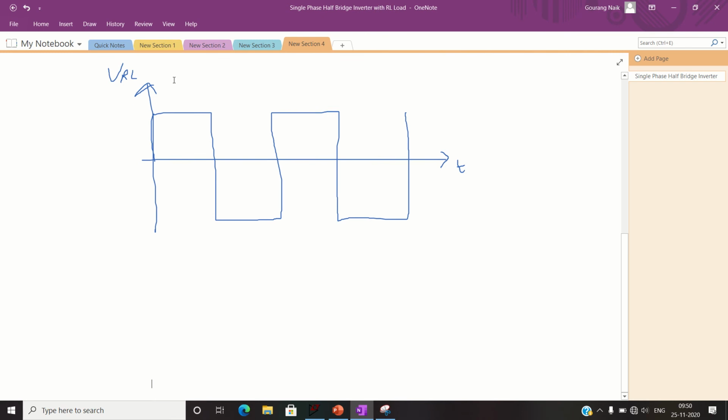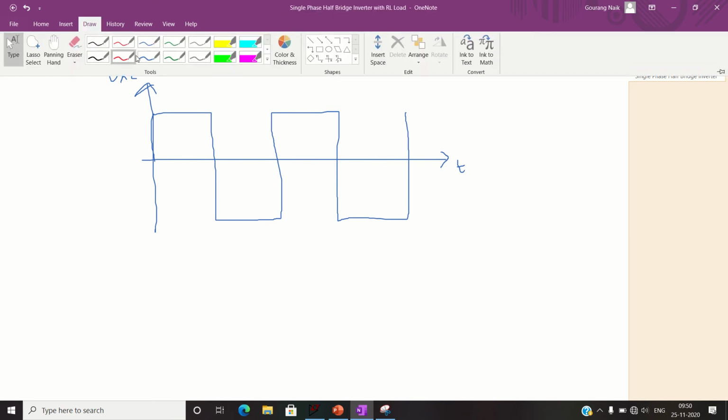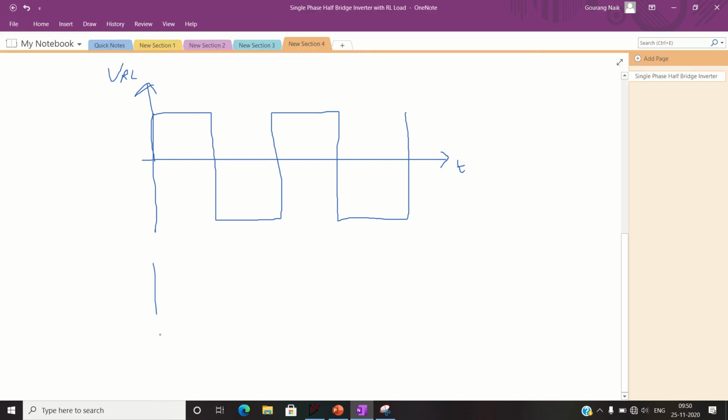But the current that flows, this is time, and the current that flows through your inductor, or you can say your resistance, because those are in series, the current that passes through the inductor will be the same as passing through the resistance.